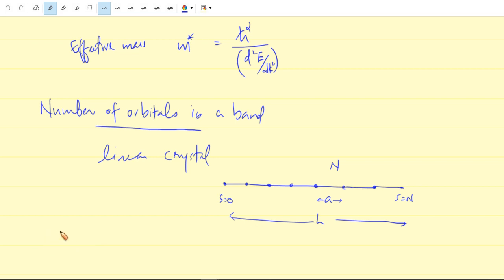then the allowed values of k are given by k equal to 0, plus or minus 2π/L, plus or minus 4π/L, plus or minus 6π/L, etc. The final value will be Nπ/L. Minus Nπ/L is not counted here because it is connected with Nπ/L by a reciprocal lattice vector.